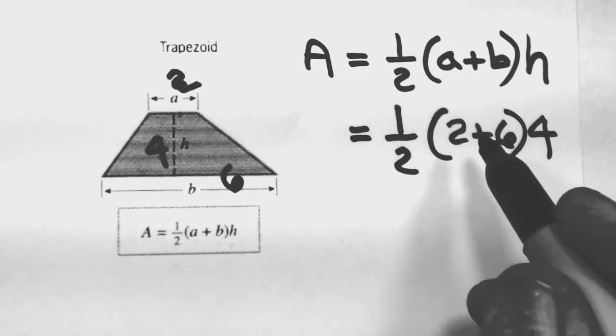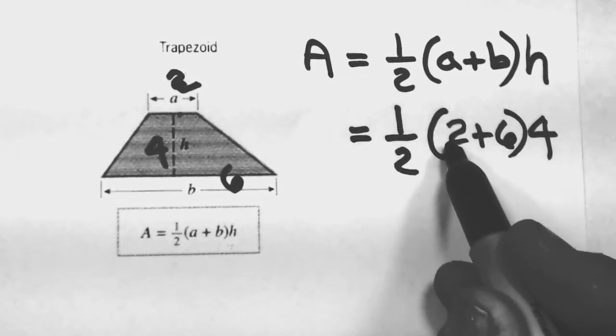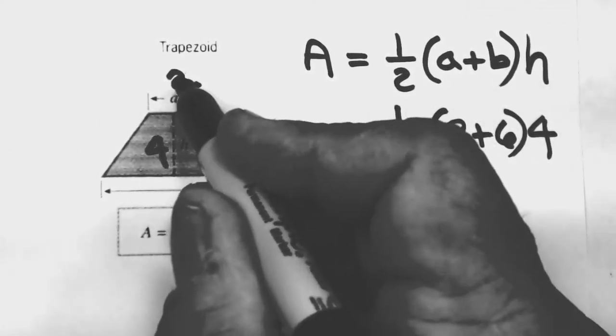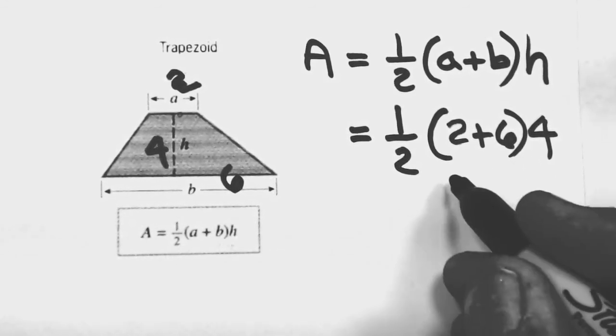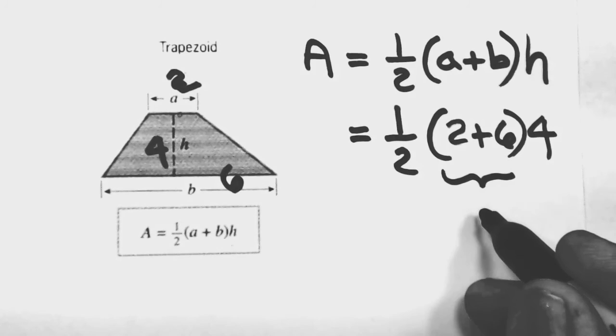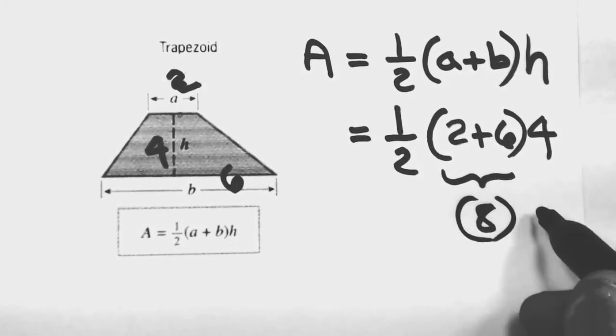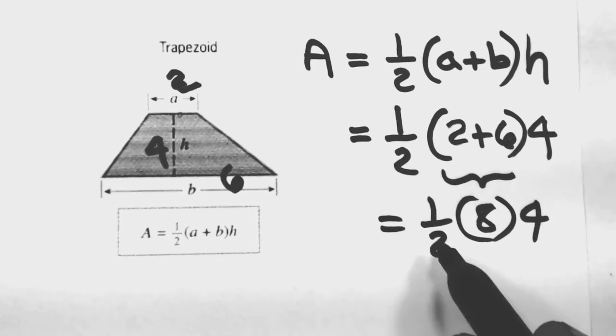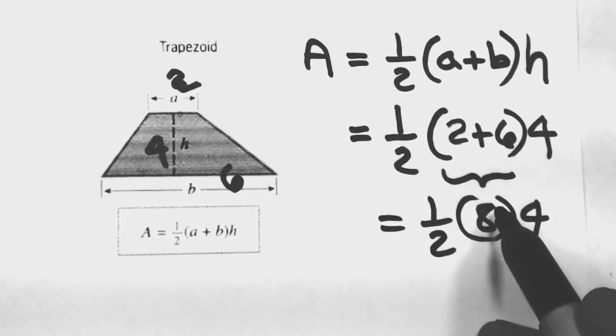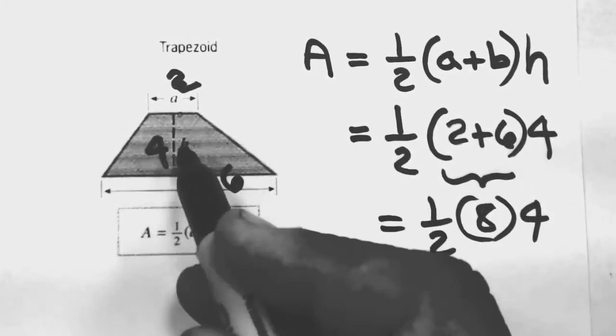Okay, now, in effect, what's happening here is you're taking the average of the top and the bottom. You add these together. Remember, you have to do what's in the parens first. This comes up to 8. So if I copy everything else back down here, the 1/2 times 8 means that we're averaging the top and the bottom.